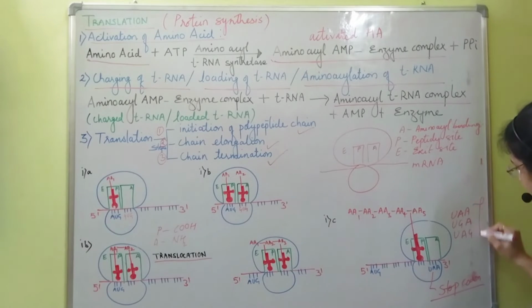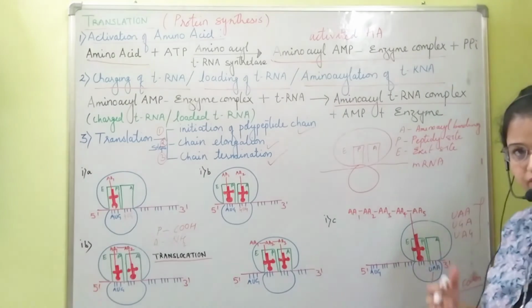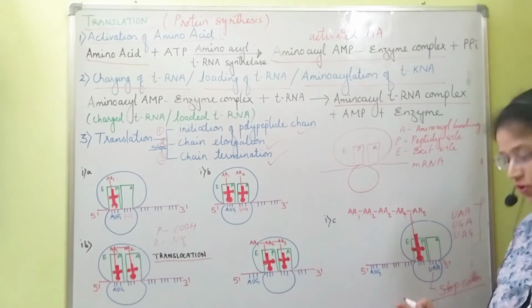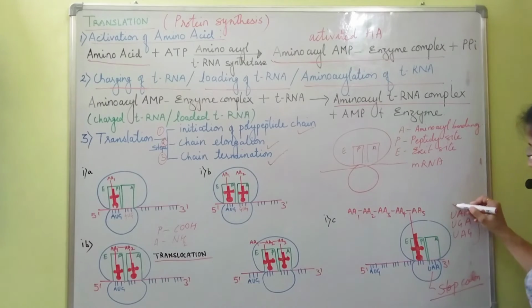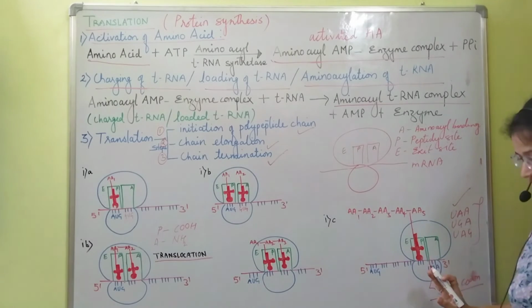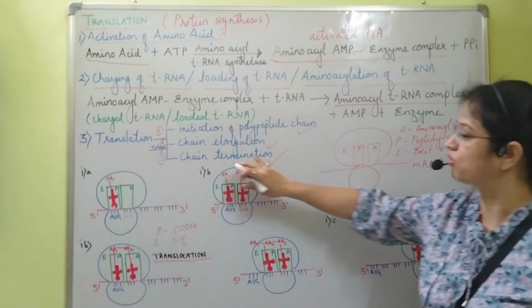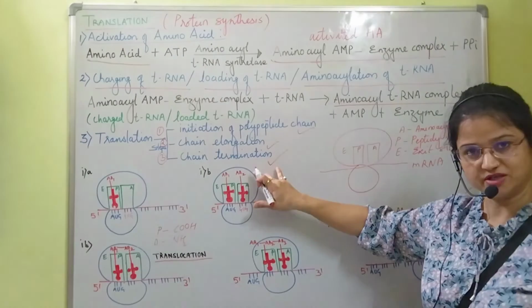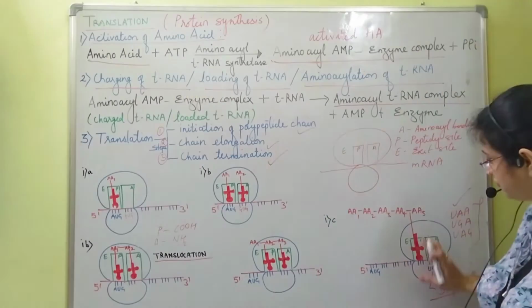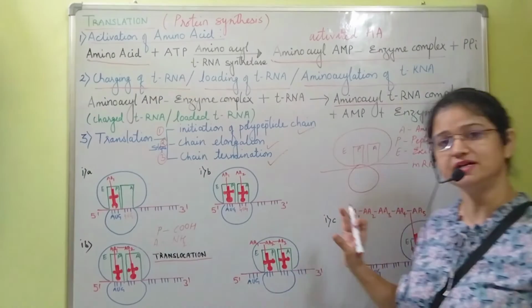If any of these 3 codons will come, what will happen? The process will stop because they do not code for any amino acid, and the process will get terminated. So that will be called chain termination. Clear? And we will get a polypeptide chain.